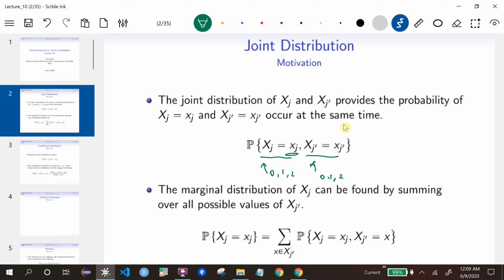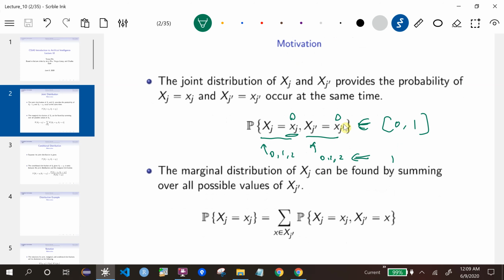Then given a specific value, like xj is 0 and xj prime is also 0, we need to specify a probability. That probability needs to be between 0 and 1, and the sum of all of these 9 possible events needs to be 1. So that's basically specifying, in all 9 possible situations, the probability of this thing happening.